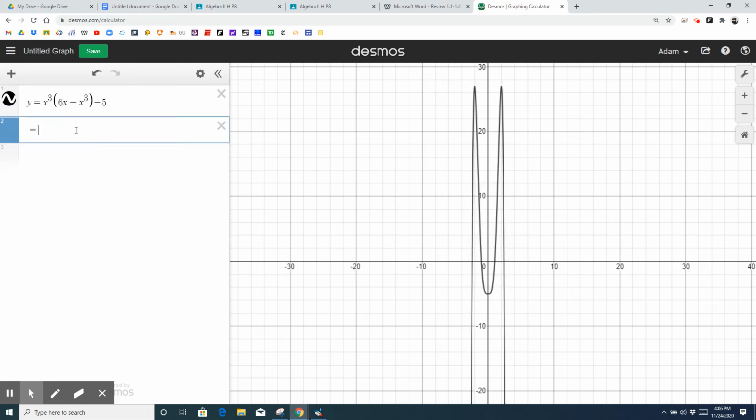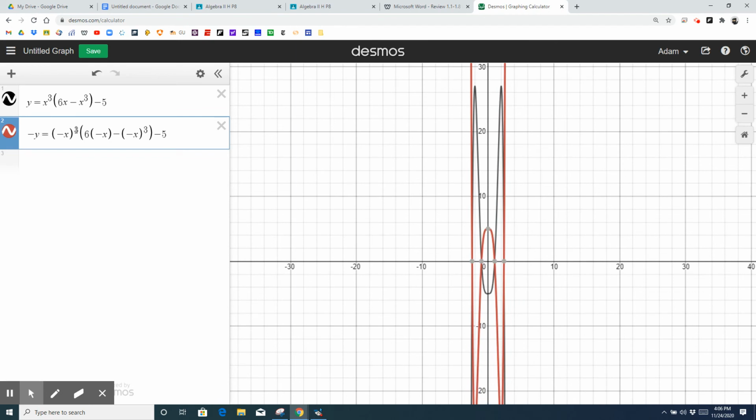So if I replace negative y with y, negative x with x, that's going to reflect this graph over the y-axis. And if it reflects onto itself, that means it has y-axis symmetry.